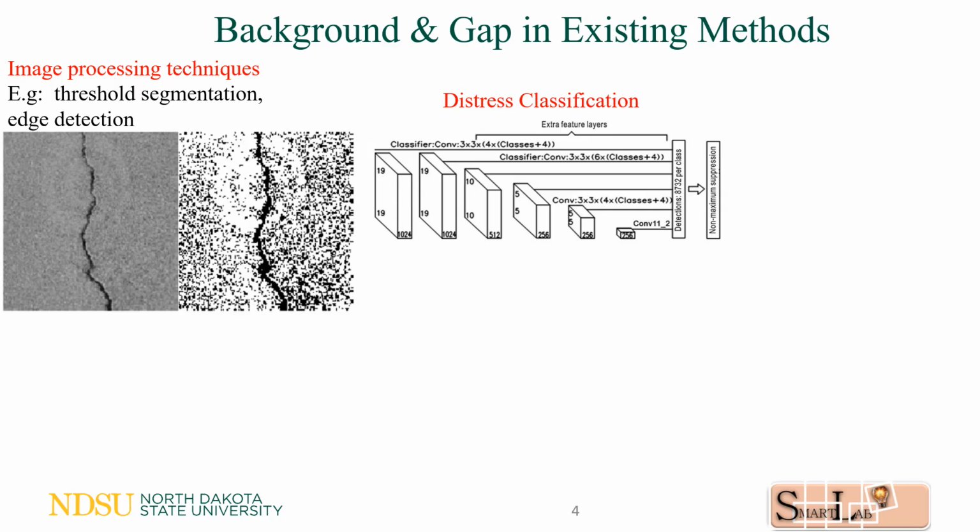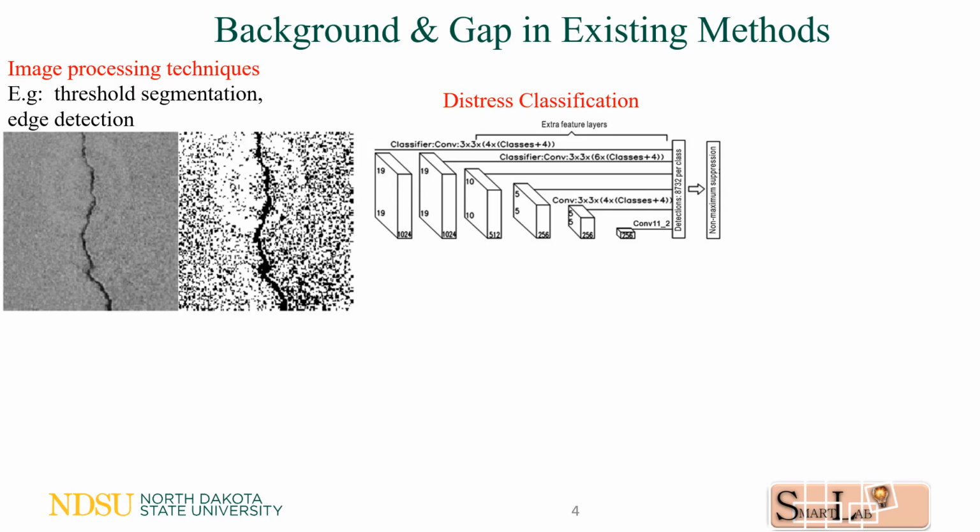The algorithms normally used for this approach are classification algorithms such as deep neural networks, DNNs, such as ResNet, VGGNet, and others. The problem with distress classification is it just classifies the whole pavement image, and it doesn't really tell us where the distress is located in the pavement.